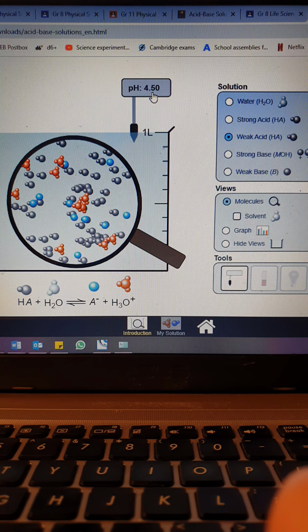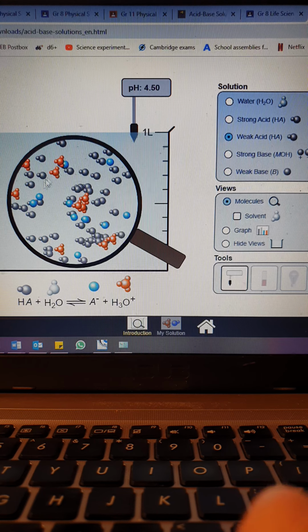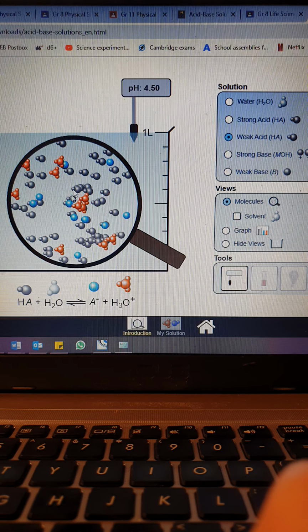That is good, because remember, on your pH scale 7 is neutral, and when you go up from 7 you go into a base, and when you go down from 7 you go into an acid. So the further away you move from 7, the stronger it is, or the more ions there are.